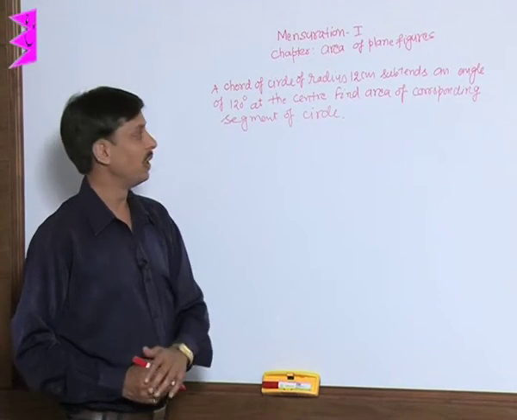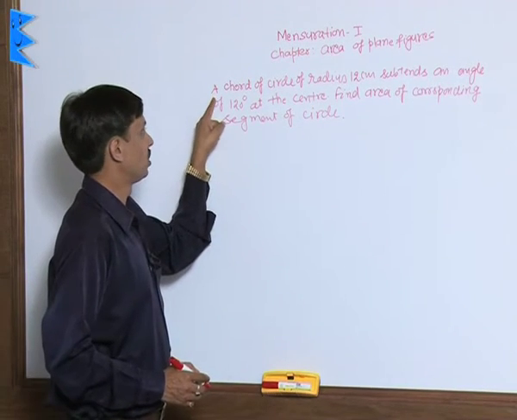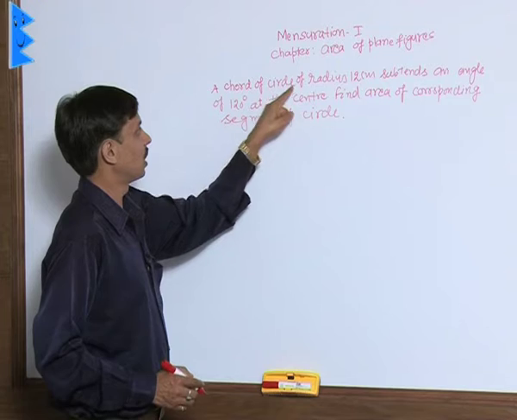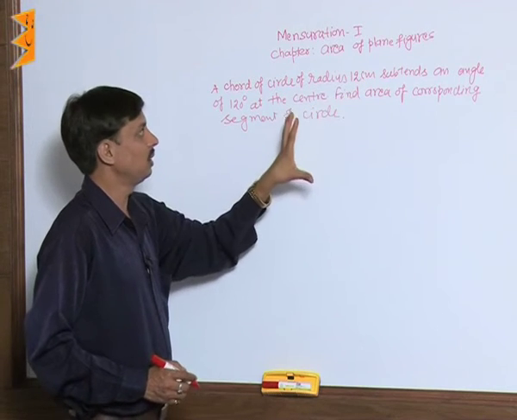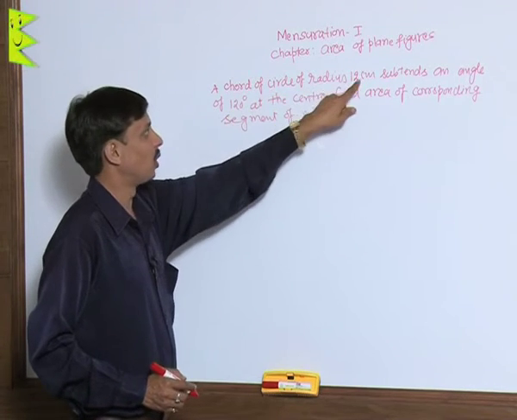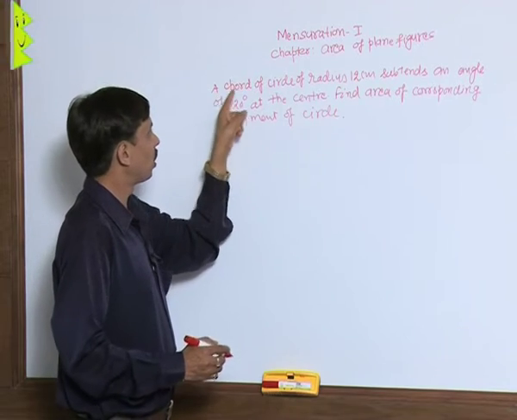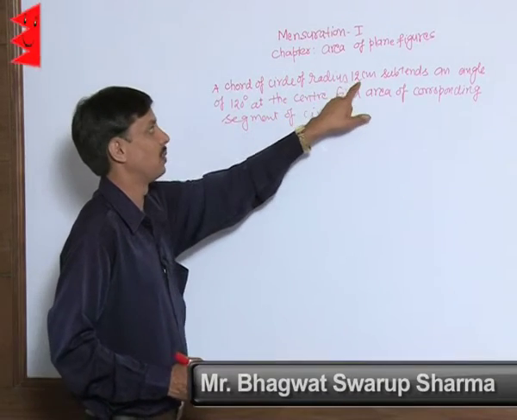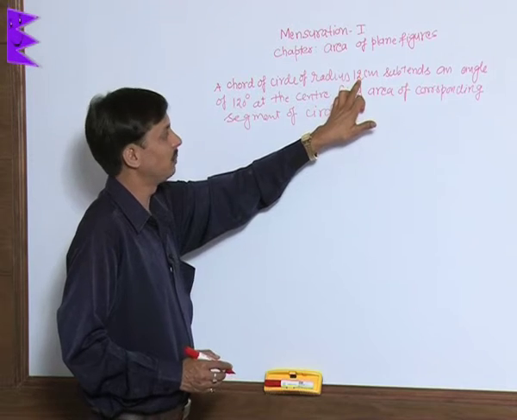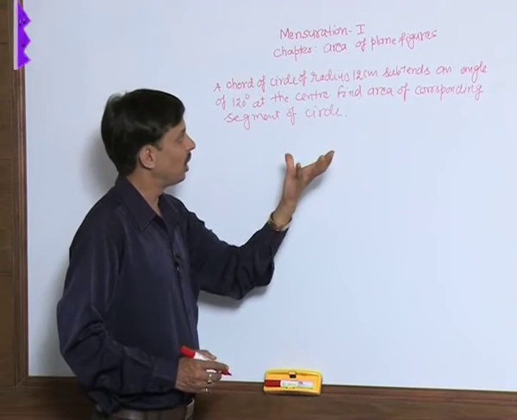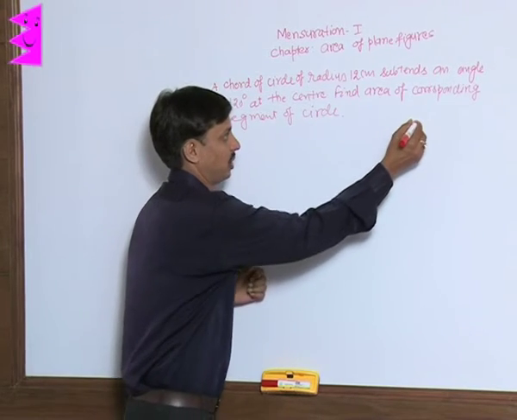Now I will explain one of the important questions. A chord of a circle of radius 12 centimeter. So the radius of the circle is 12 centimeter. In this circle, a chord is drawn like this.